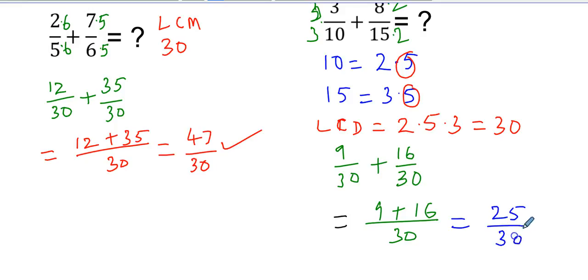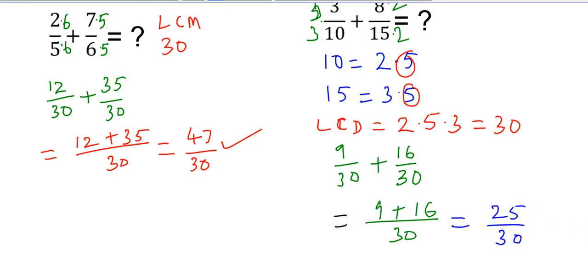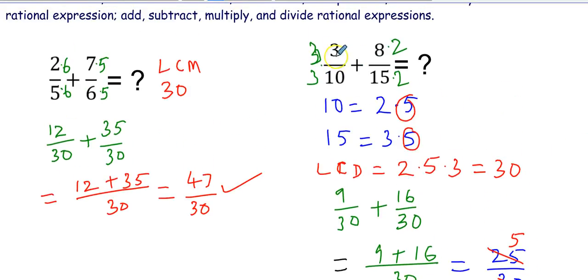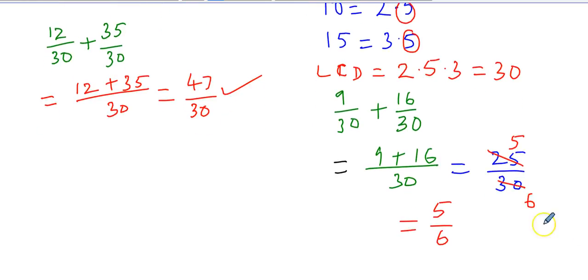And simplifying 25 over 30, we know 5 is the common factor. 5 divides 25 5 times, and it divides 30 6 times. So your result, the sum of those two rational numbers, is 5 over 6. That is 3/10 plus 8 over 15 gives us 5 over 6.